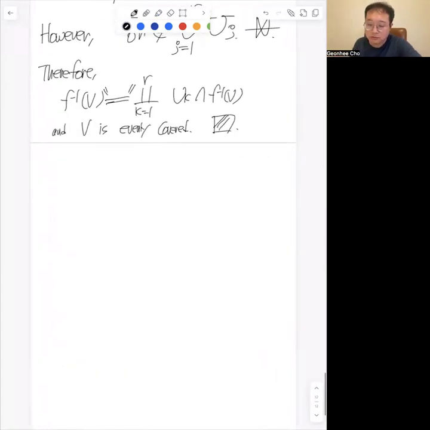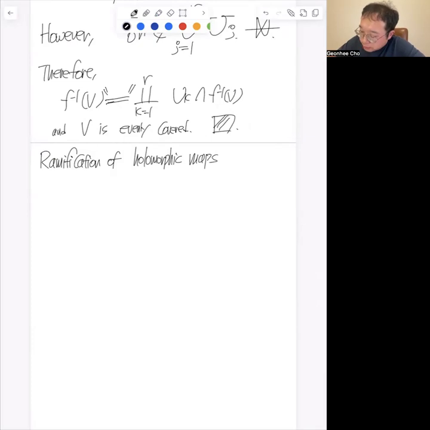Now let me move on to the next statement about holomorphic functions. In order to talk about it, I should talk about the ramification of holomorphic maps to make the very interesting statement. So I first need to give the definition.